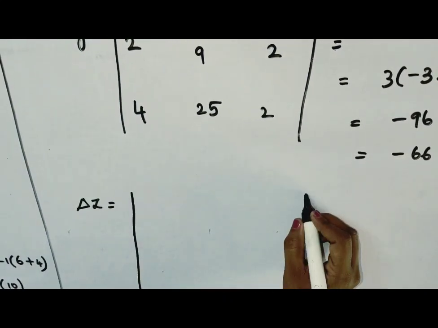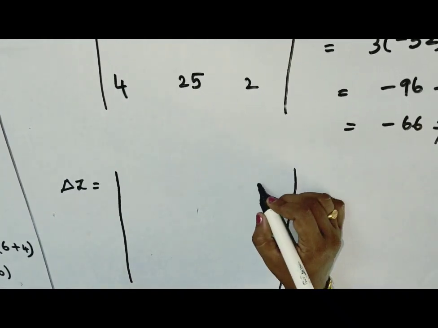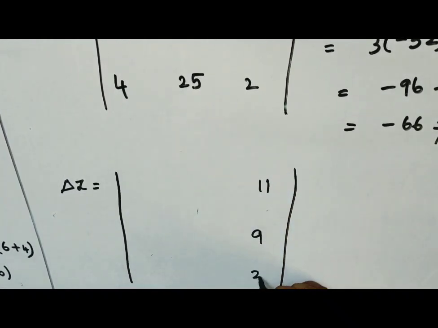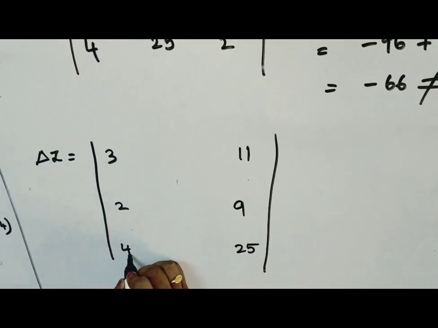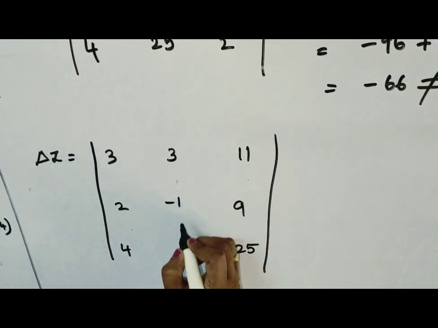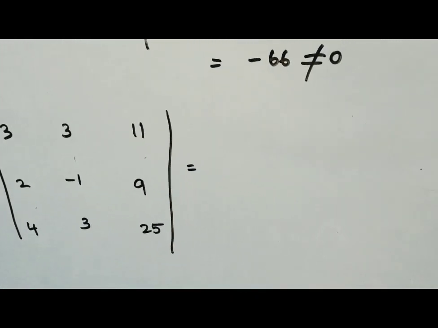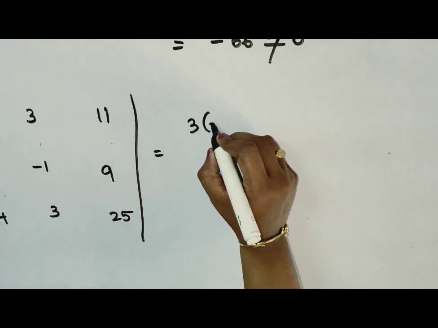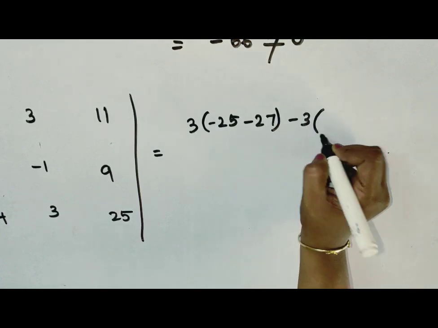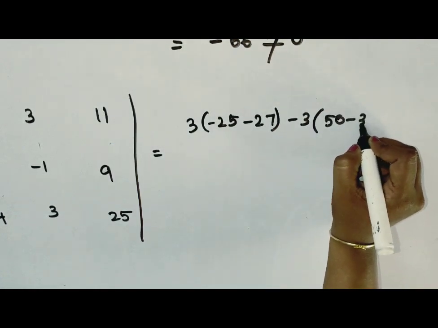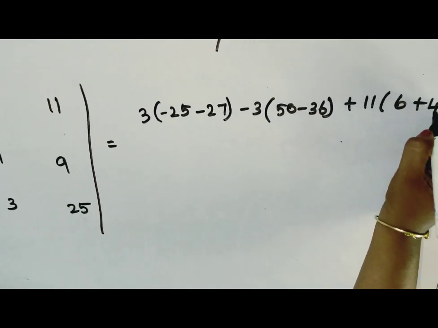Similarly, we can find the value of delta z. When it comes to delta z, we have to replace the z column. The remaining values we keep as they are: 11, 9, 25, x column is 3, 2, 4, y column is 3, minus 1, 3. For this, we will find the determinant value. So, 3 into minus 25 minus 27, minus 3 into 50 minus 36, plus 11 into 6 plus 4.